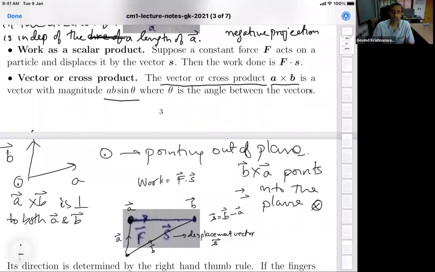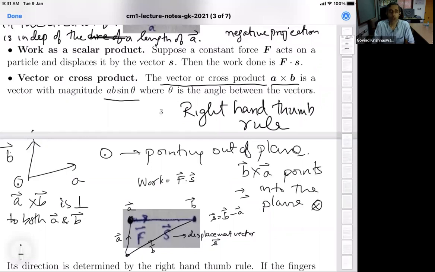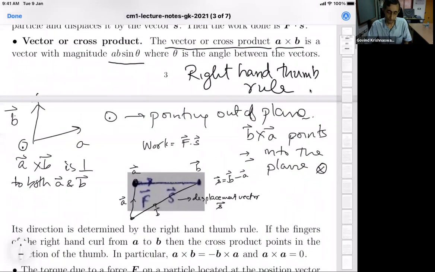So given any two vectors, you have the so-called right hand thumb rule. All right. So this is a very concrete process. It tells you concretely how to compute the cross product. It tells you which way it points, its direction, and its magnitude as well.